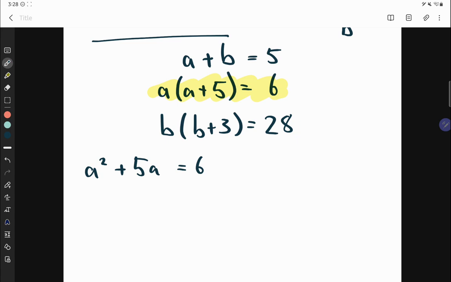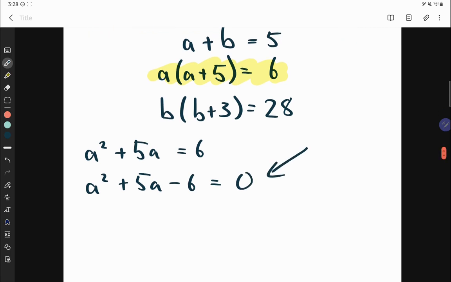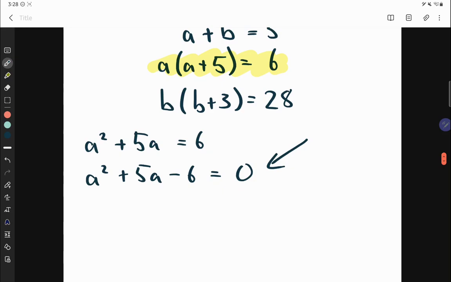So we're going to minus 6 both sides so we can make one side equal 0. That's one of the more common ways we like to solve our quadratics. That being said, let's think of 2 numbers that add up to 5, but multiply to negative 6.